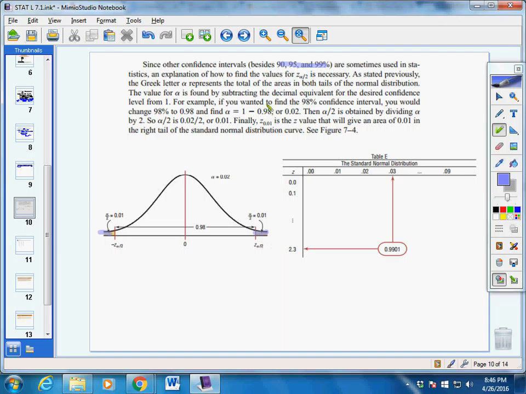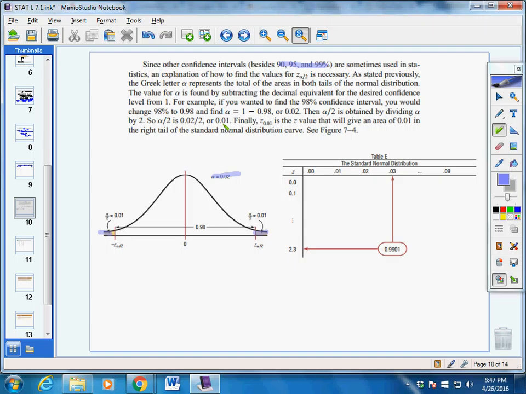So to find the 98% confidence interval, you change it to a decimal and then do 1 minus it to get 0.02. Why? Because that's what's out here on the outside. So alpha over 2 is 0.02 divided by 2, or 0.01.